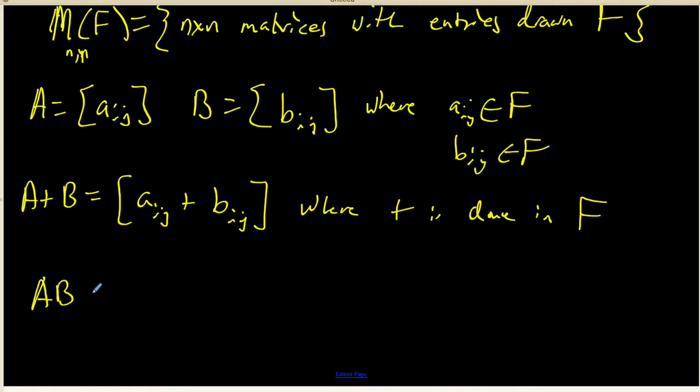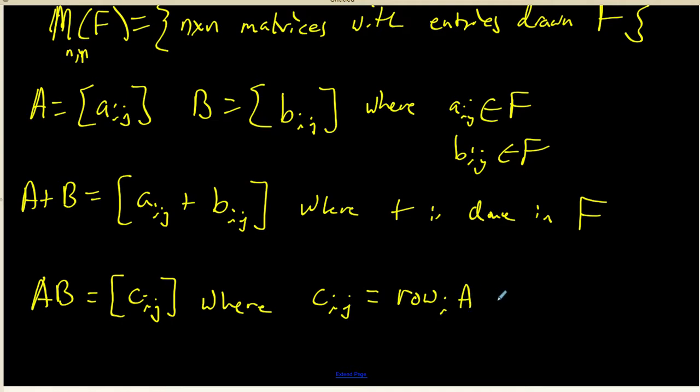For the matrix product AB, let's call its entries c sub ij. And c sub ij represents row i of the first matrix dotted with column j of the second matrix.